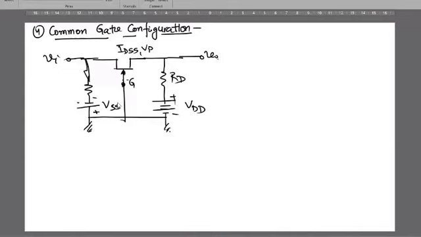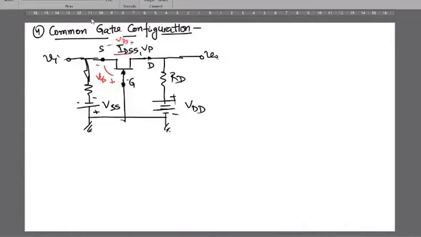I don't think there is any problem if you apply KVL. This is source, this is drain, and this is minus plus VGS, and this one is VDS.